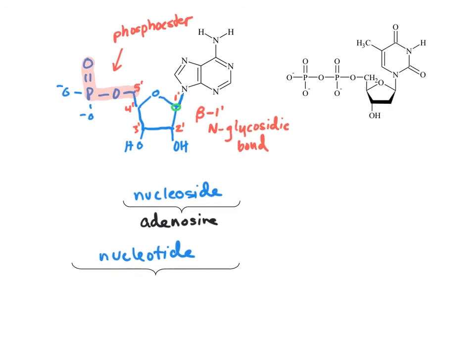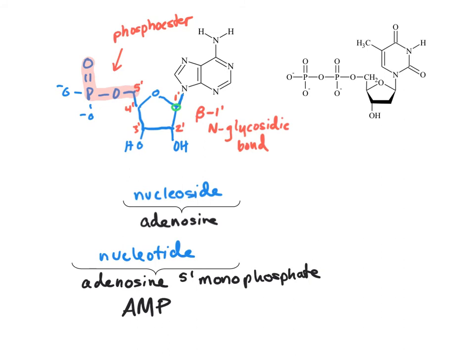And we're going to name this adenosine. We start with the nucleoside, and then we tag on 5' for the position of attachment, mono for 1 phosphate. You need to know how to name nucleotides and nucleosides, and this is how you do it. This is also called AMP, capital A, capital M, capital P for adenosine monophosphate.